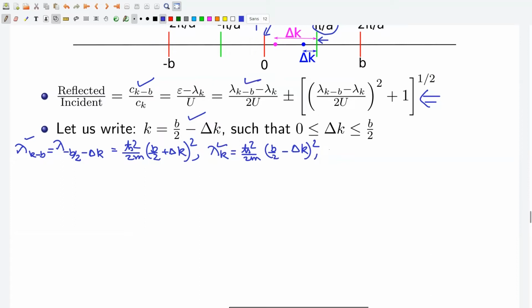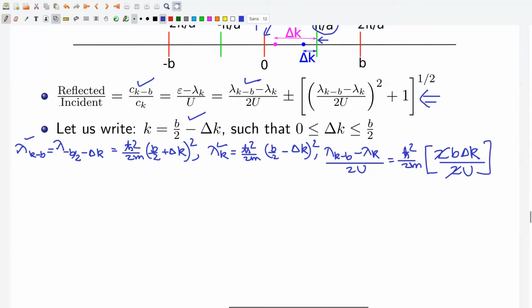So let us do that. (Lambda_(k-b) minus lambda_k) divided by 2u is equal to h cross square by 2m times 2b delta k divided by 2u.